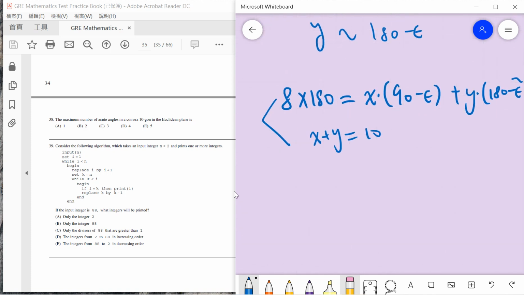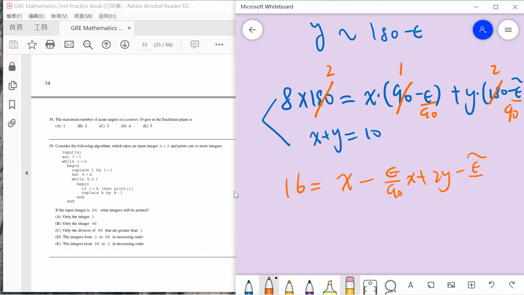In the first equation, we divide by 90 on both sides. So we have 16 equals x minus some small term, plus 2y minus epsilon tilde over 90 times y. And this is positive. So this tells us that 16 is smaller than x plus 2y.